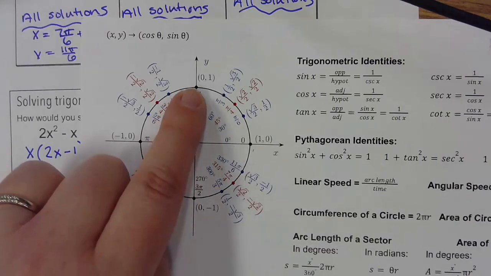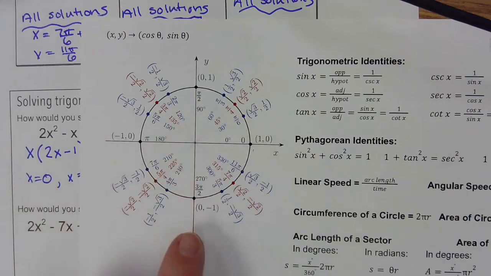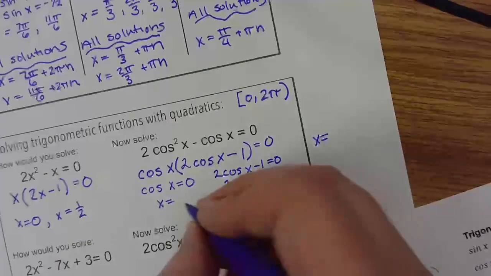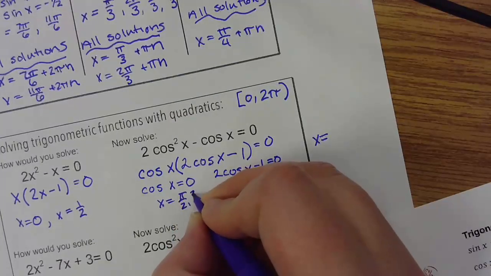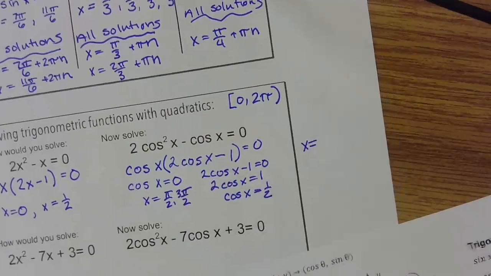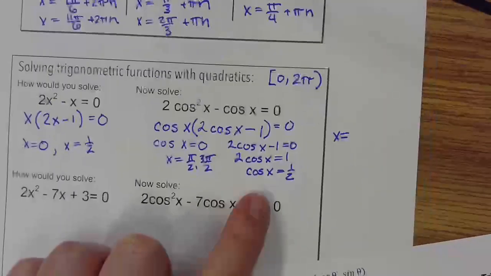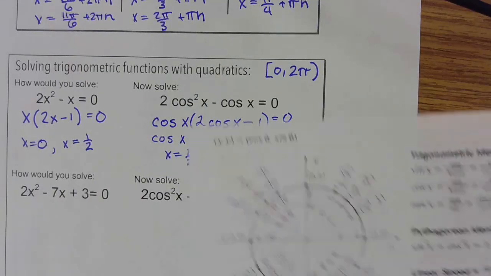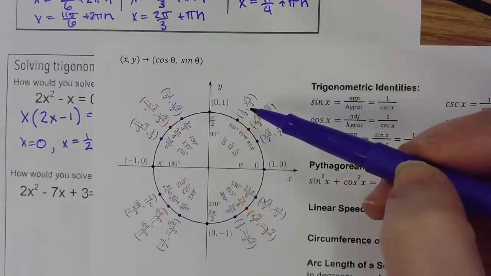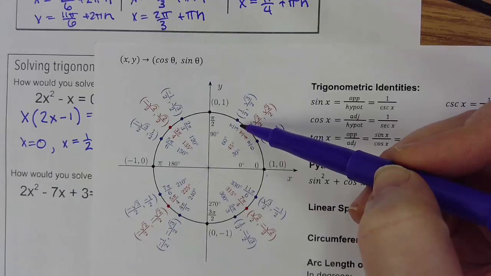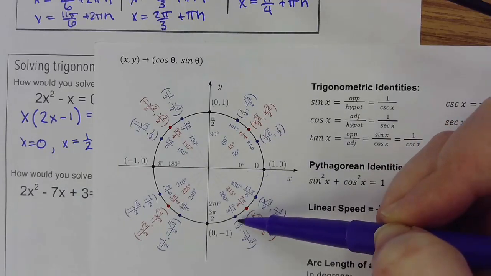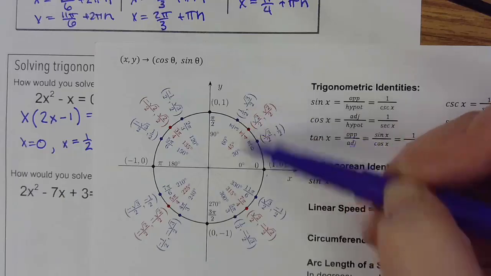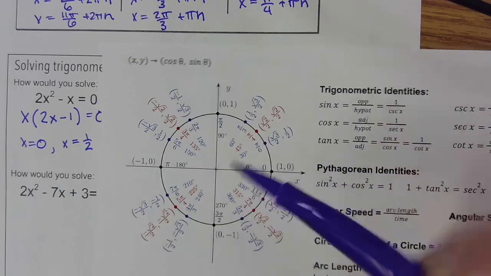Cosine is 0 at pi over 2 and 3 pi over 2. And where is cosine positive 1/2? Where is cosine positive 1/2? So that would be at pi over 3 and 5 pi over 3. Positive 1/2 cosine values at pi over 3 and 5 pi over 3.